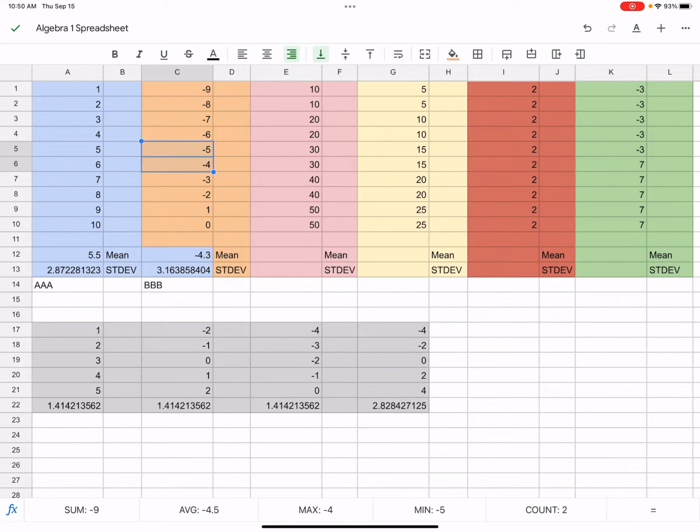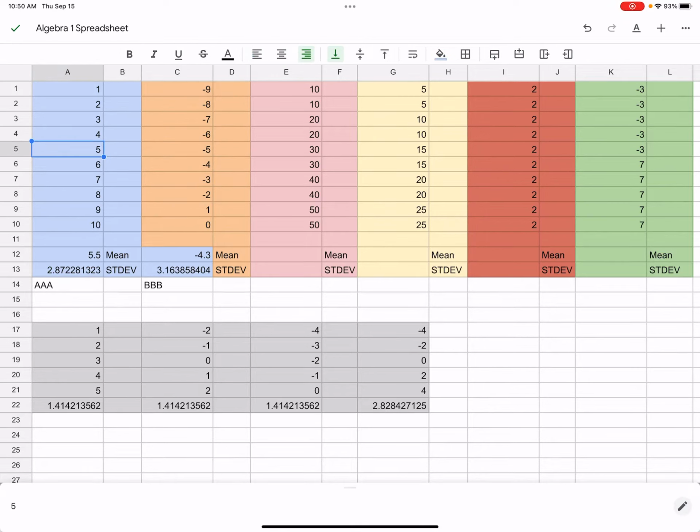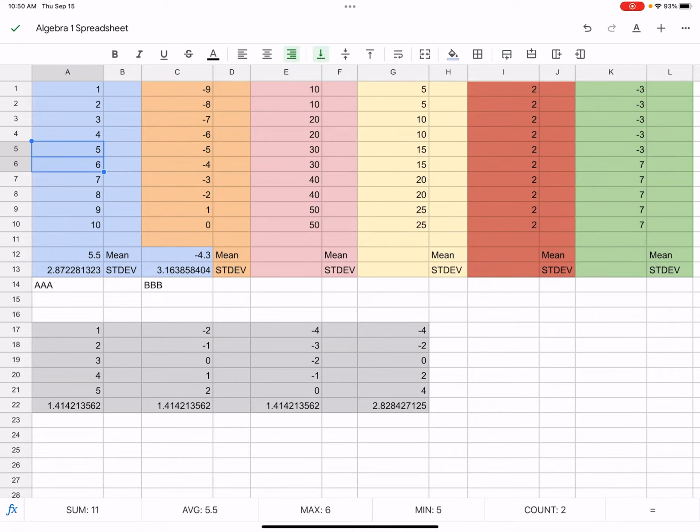Over here, the mean is between 5 and 6, so that makes sense. Standard deviation does increase a little bit, but they're pretty close to one another, not too far off. The reason for that is probably because we have a value of 0. That's going to change things just a little bit.